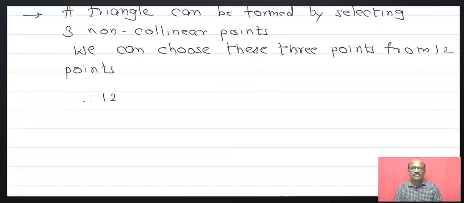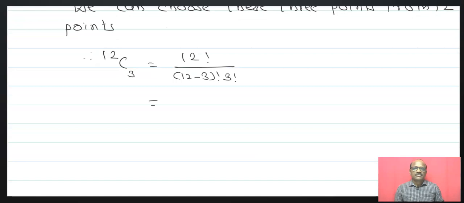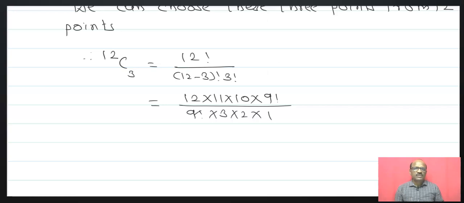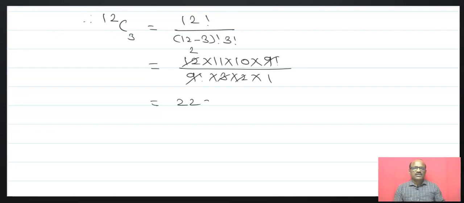That is 12C3, which equals 12 factorial upon 9 factorial into 3 factorial. That is 12 into 11 into 10 into 9 factorial upon 9 factorial into 3 into 2 into 1. These get cancelled, and that is 220 triangles that can be drawn using these 12 points.